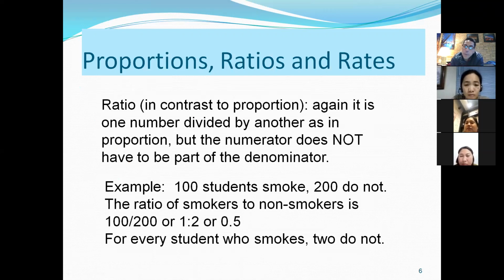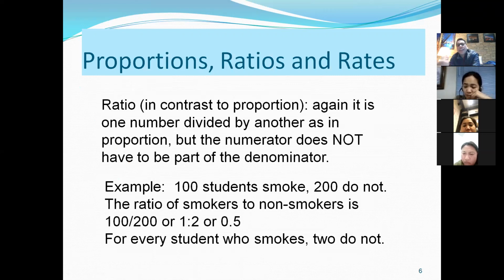Always remember that when we report a ratio, we must use the lowest common denominator and also the lowest common numerator.